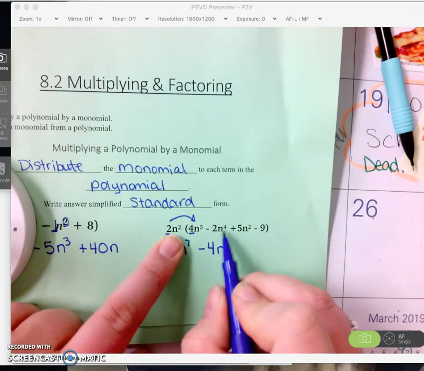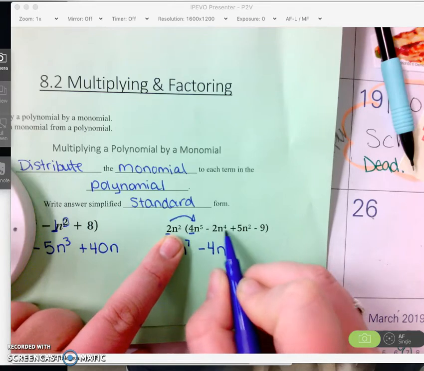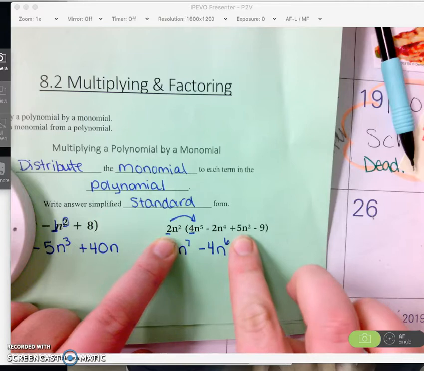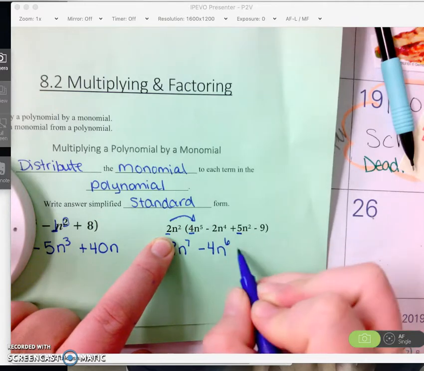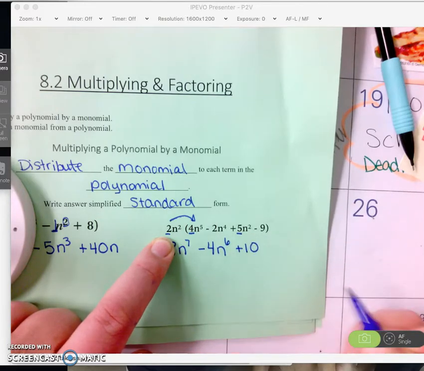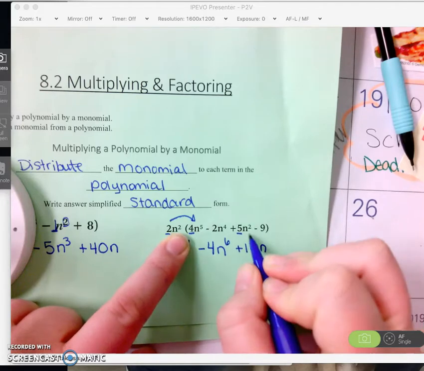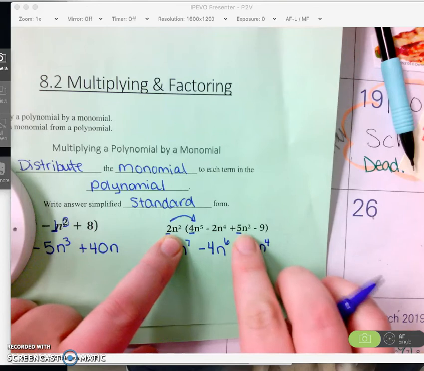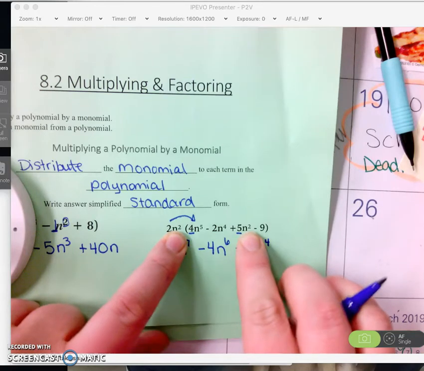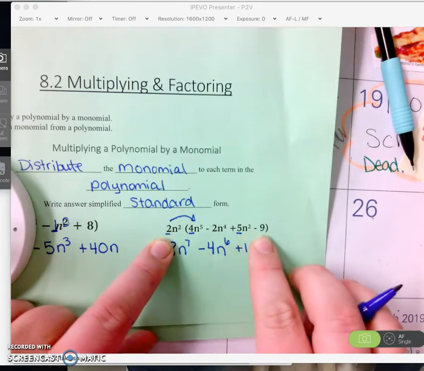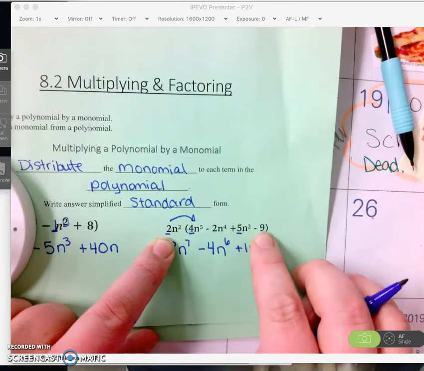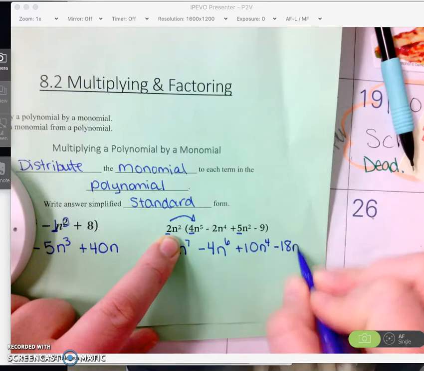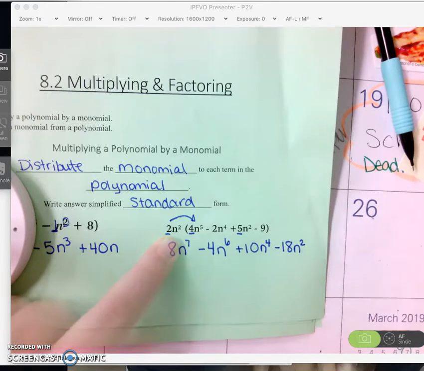Again, adding their exponents would be to the 6th power. 2 times 5 is positive 10, and then it becomes n to the 4th power. I'm multiplying like bases. n is my base, so I add their exponents. And then 2 times a negative 9 becomes a negative 18, and then that n to the 2nd power.